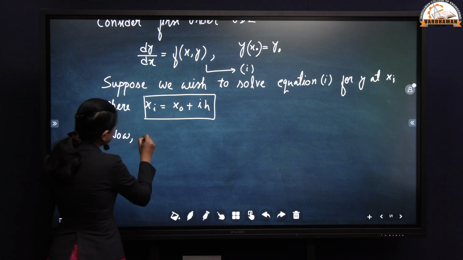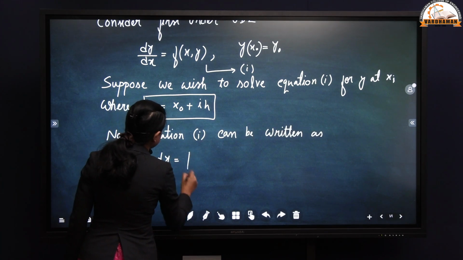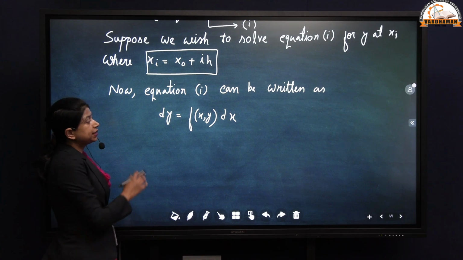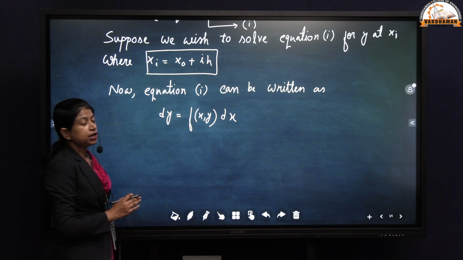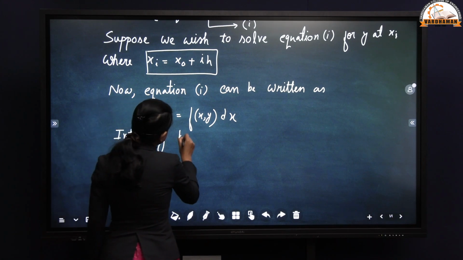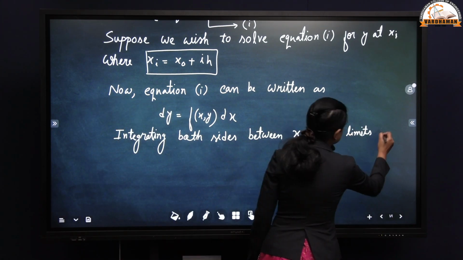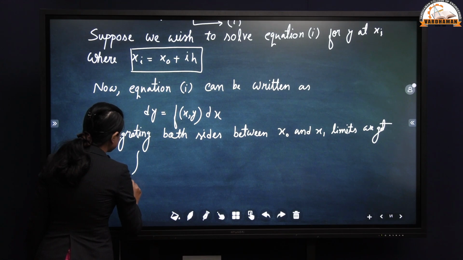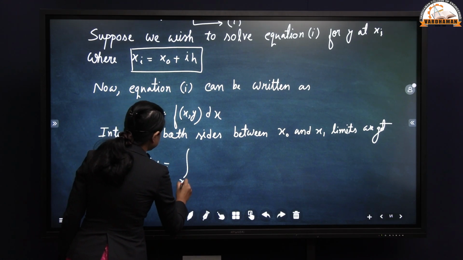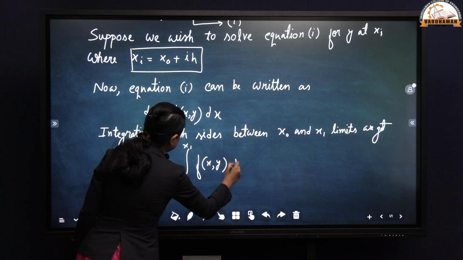Now equation 1 can be written as dy equal to f of x, y dx. Now what we will do, we will integrate both sides between x naught and x1 limits. We get integration x naught to x1 dy equal to integration x naught to x1 f of x, y dx.